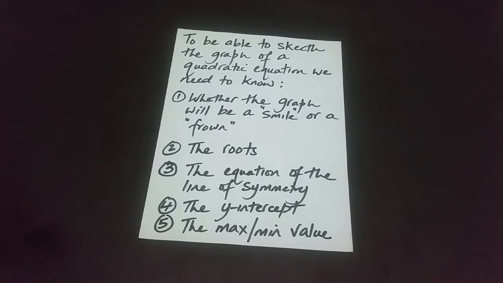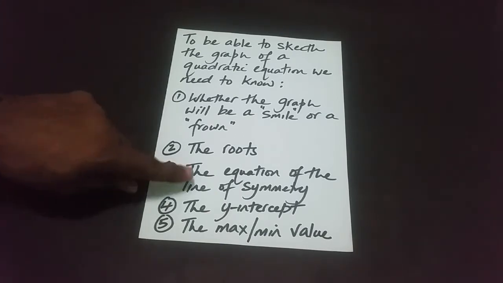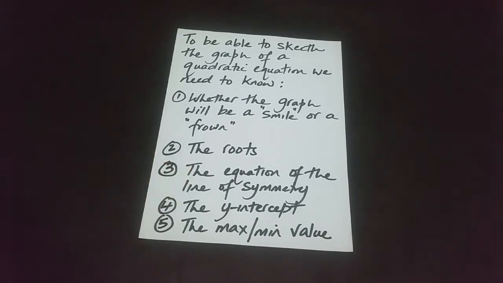The next thing we need to know is the equation of the line of symmetry. And that is going to be the equation for the line that cuts the parabola exactly in half. And that is going to be easy to find. As a matter of fact, if we know the value of h, you remember h from the completed square form? If we know the value of h, then we're able to easily determine the equation of the line of symmetry.